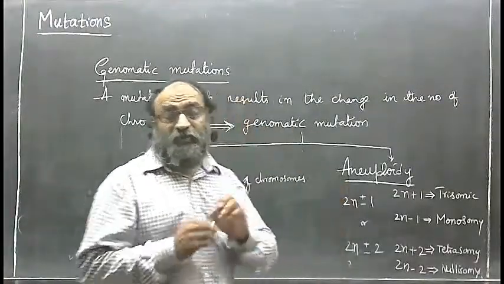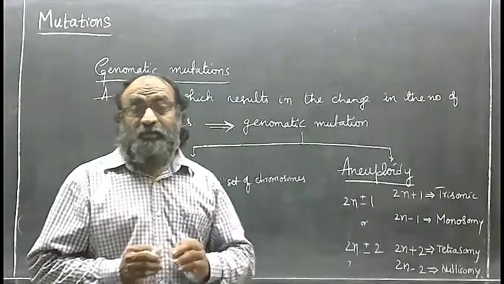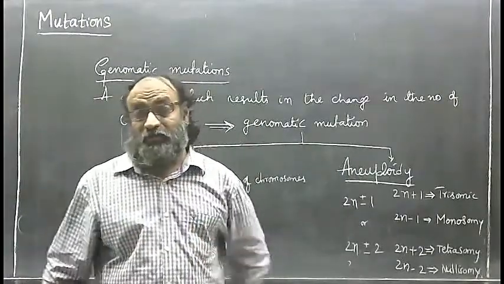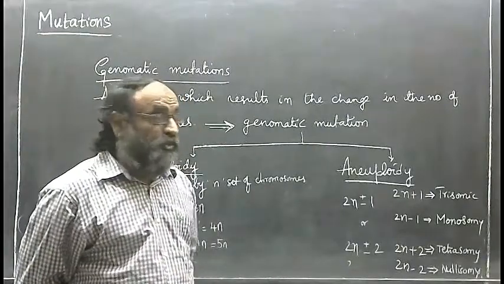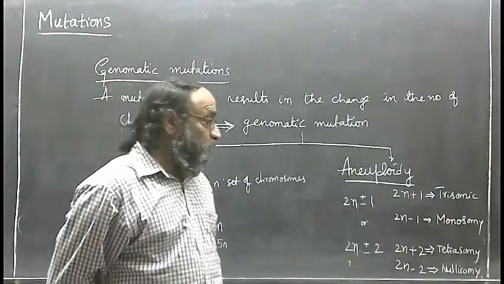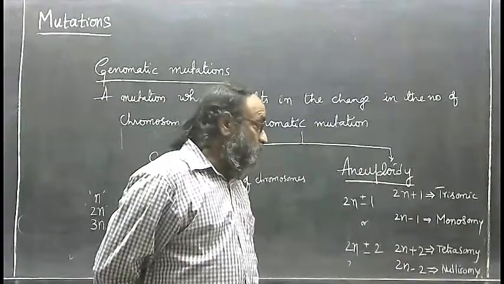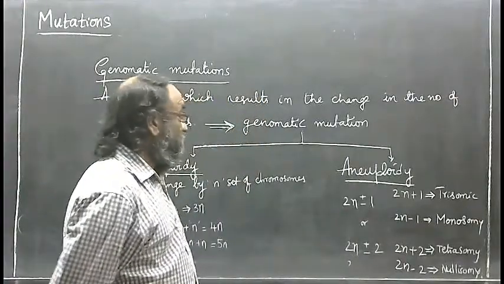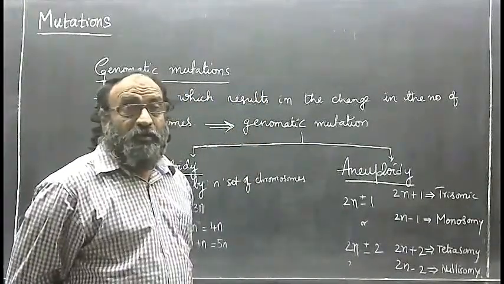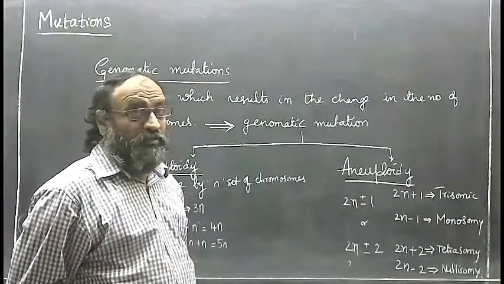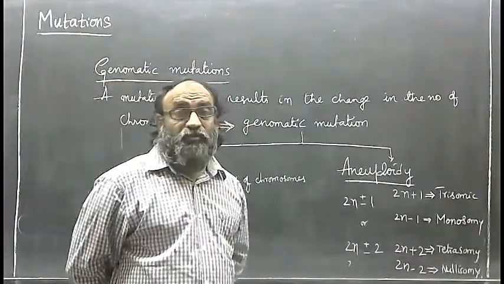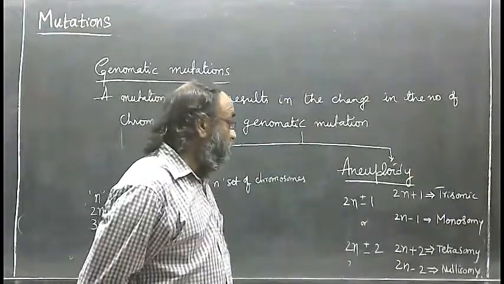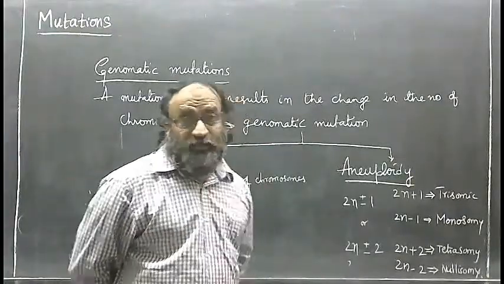This is a very, very important point that you have to remember for NEET examination. The existence of trisomic, monosomic, tetrasomic, nullisomic conditions in the given population are examples of genomatic mutations by aneuploidy.